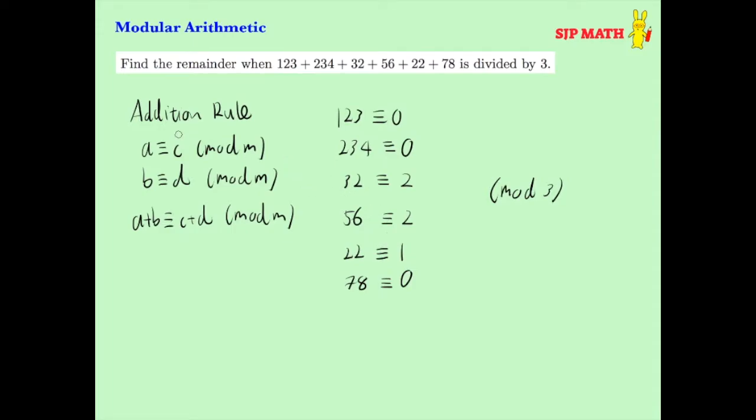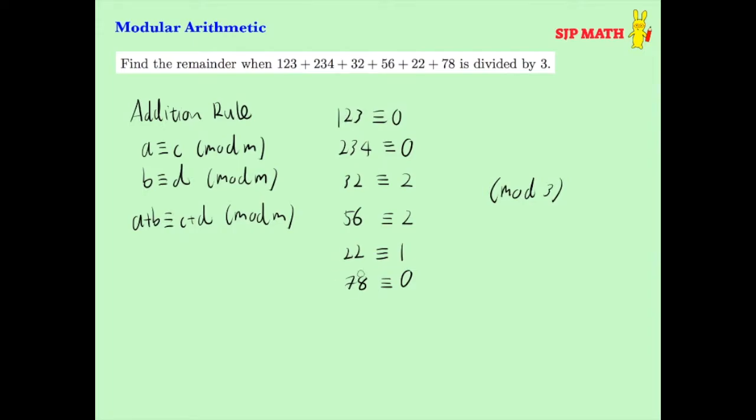And here comes the addition rule. So the addition rule states that the sum of all these numbers is congruent to the sum of all these numbers mod 3. Oh, wait a sec. The answer is asking for something about this sum. So this might be actually pretty useful in solving this problem. So let's try it out.